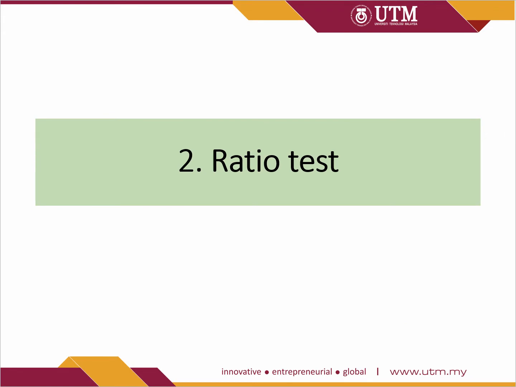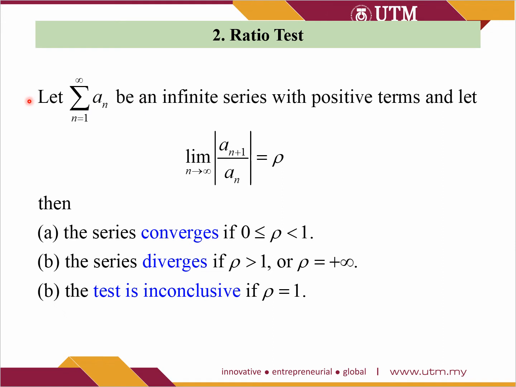Now let's observe the other convergence test of our series, which is the ratio test. Let the summation of a_n from n equals 1 up to infinity be an infinite series with positive terms, and we let this series have the limit as n approaches infinity of the absolute value of a_(n+1) over a_n equal to rho.